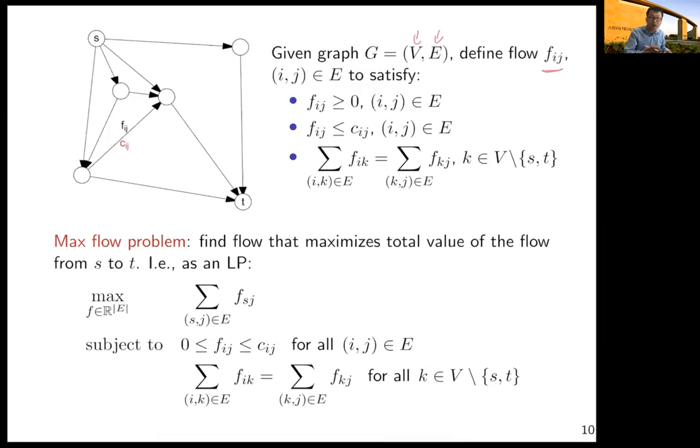So this is the amount of information that we can push through from node i to node j, or the quantity of critical resources that we want to push through from node i to node j.